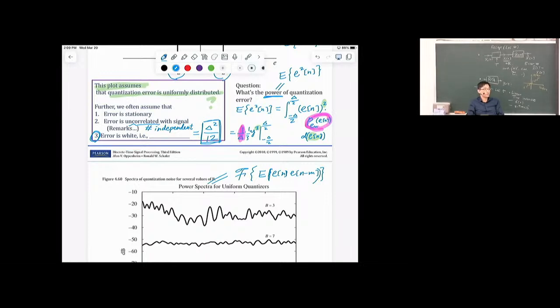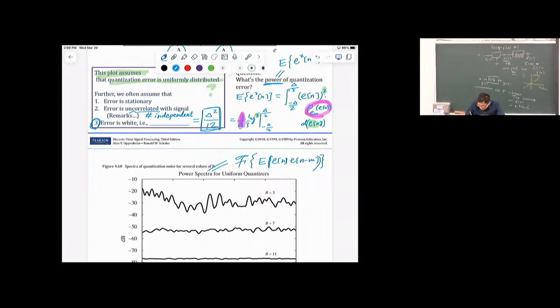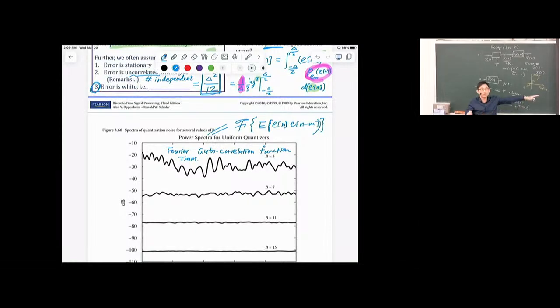Let me write it down: power spectrum equals the Fourier transform of the autocorrelation function. And when all the frequencies are equal, then we say this is white noise. Flat spectrum means white noise.